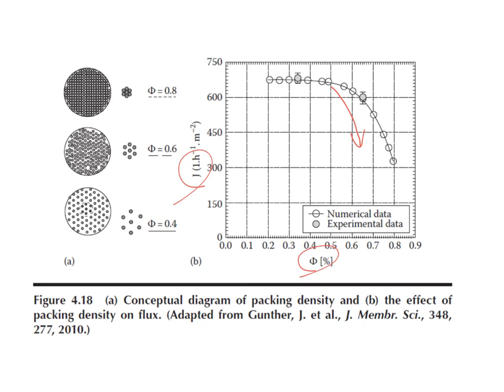So at some point, even if we increase the packing density, we cannot increase the water production by a module. That's why we need to have an appropriate packing density per module.